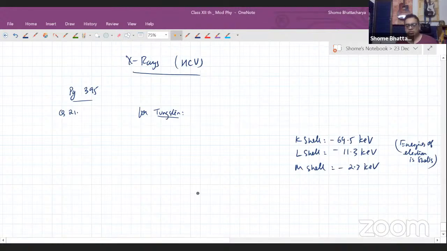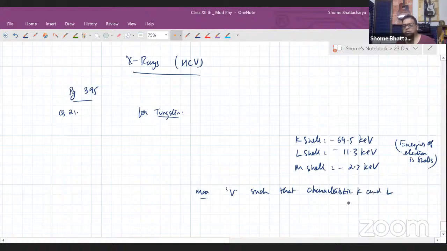So anyway, now it's saying: what is the maximum accelerating potential V such that the characteristic K and L lines are not in the X-ray spectrum.